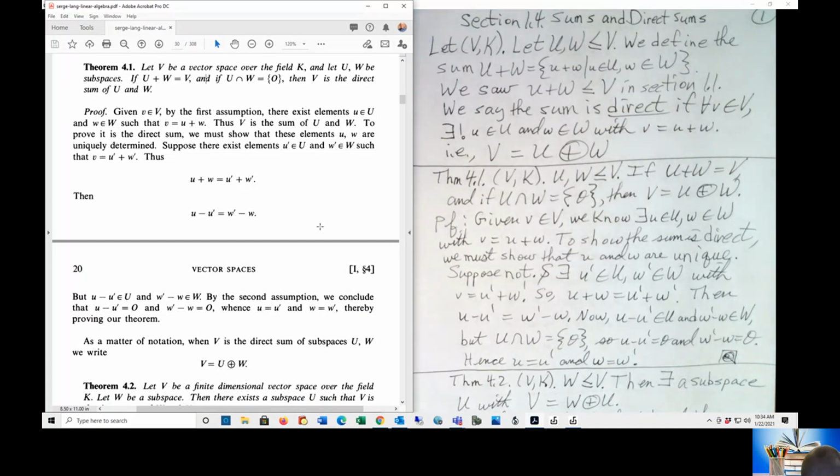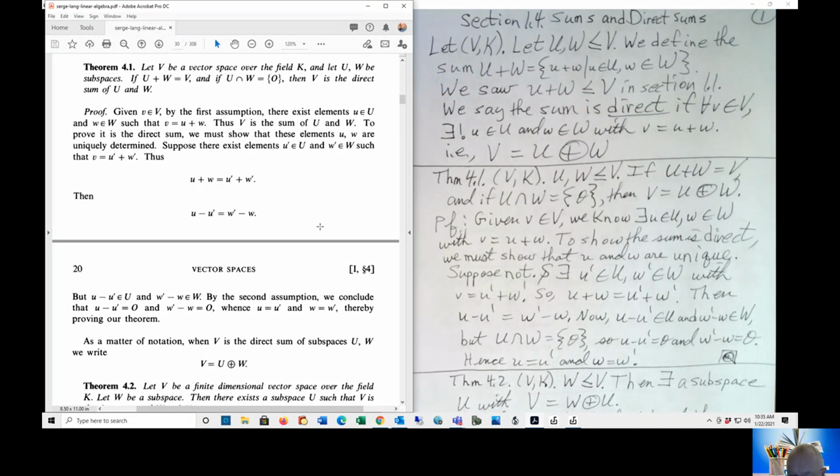Well, suppose they're not unique. Suppose there exist other vectors, u prime in U and w prime in W, with v equal to u prime plus w prime. So now we have two representations for v, and u plus w equals u prime plus w prime. That means u minus u prime is equal to w prime minus w.